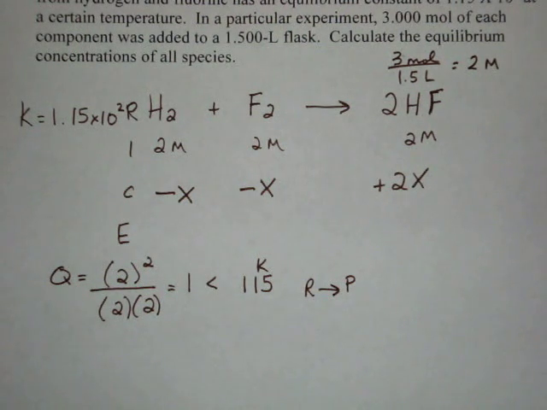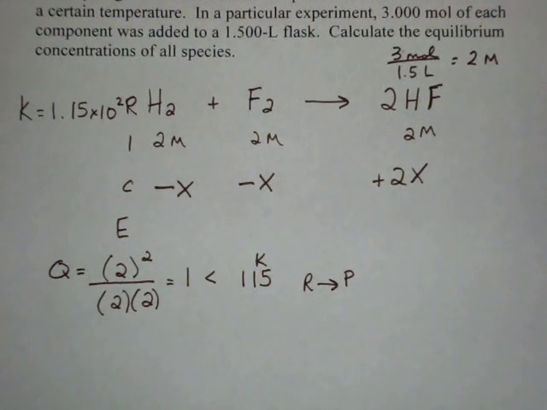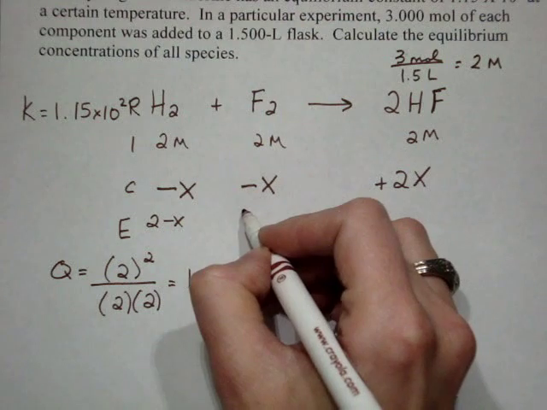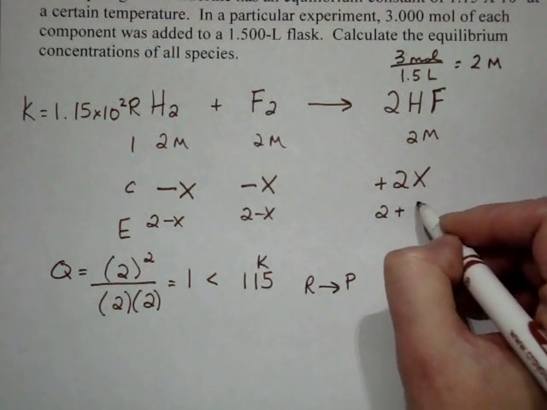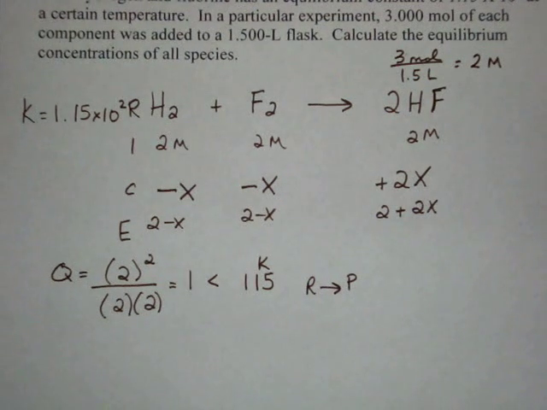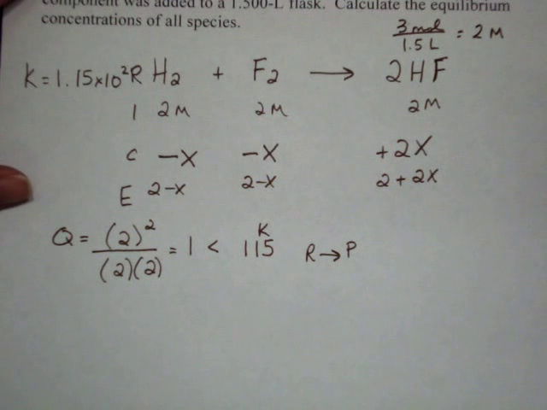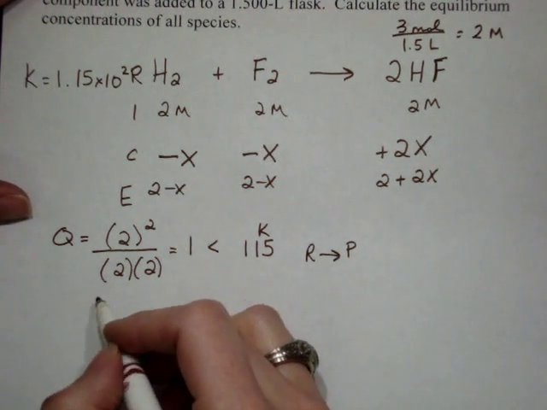So we have to include the stoichiometry in our RICE setup. Then my equilibrium expressions become 2 minus X, 2 minus X, and 2 plus 2X. Now I can set those equal to K and get my values.